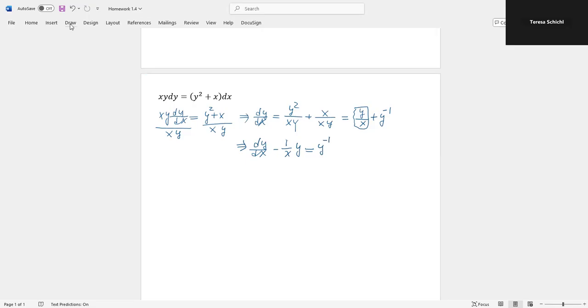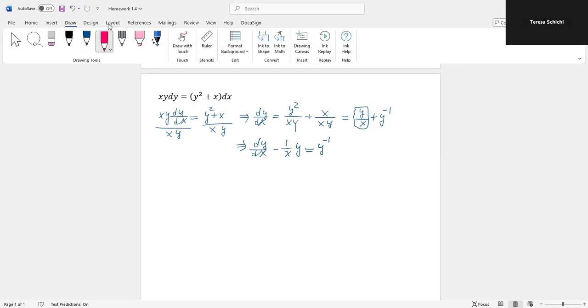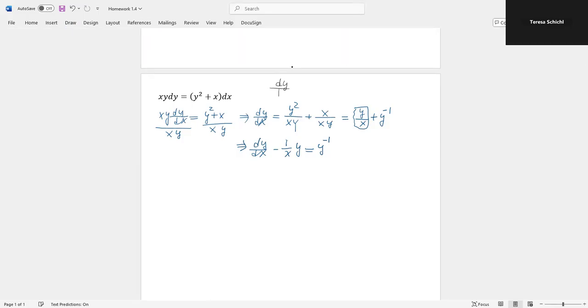Very nicely, it seems this matches an equation we are very familiar with, a Bernoulli equation. Let's try to remember that. Every time, I like to rewrite it: dy/dx plus p(x) y equals q(x) y to the n.